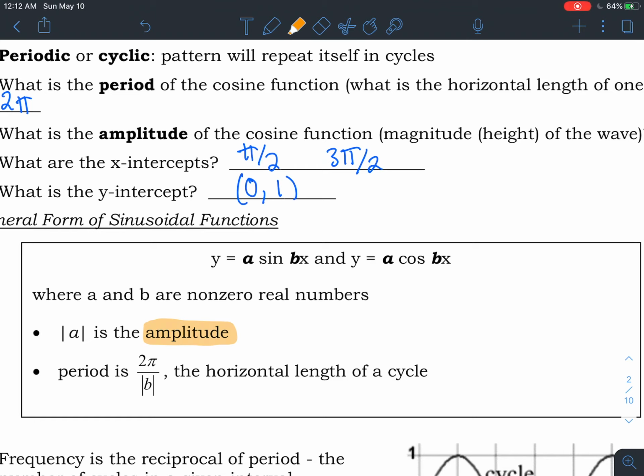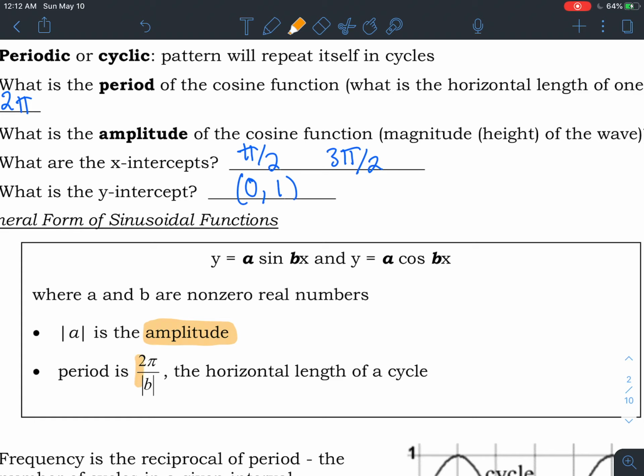Now, my b value, which is a multiplier on the inside, is going to stretch or shrink horizontally. So in this case, what that's going to mean is it's going to change how long a full cycle is. So it's going to change the graph's period.